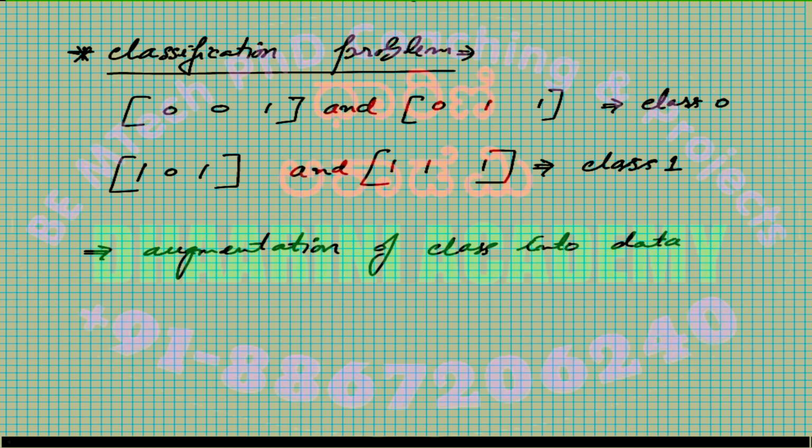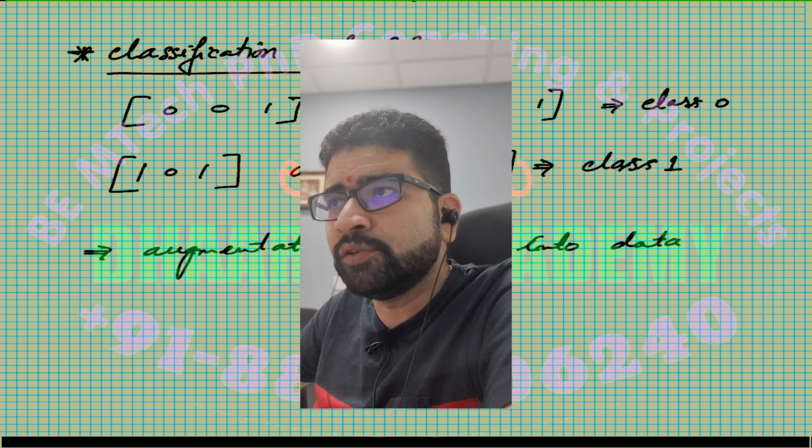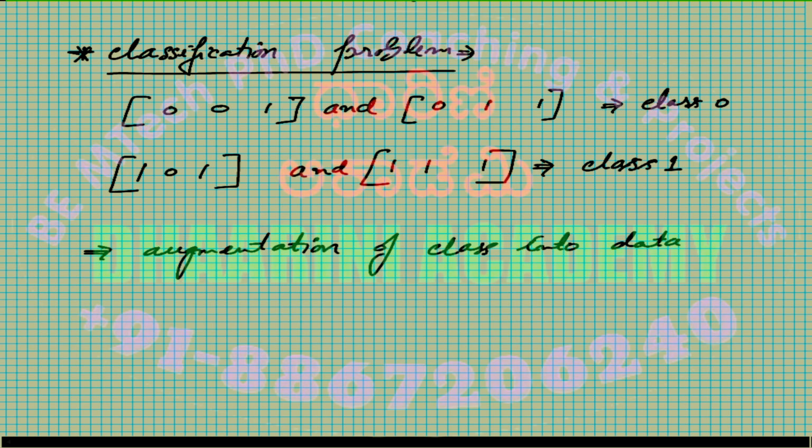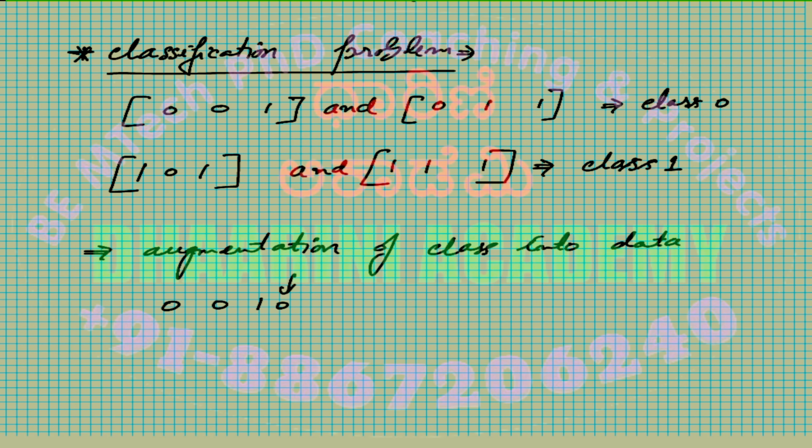This is what I prefer doing; this is one of the methods. Otherwise, you can make a complete new column or a new variable for the target. In the previous classes, the programs which we did had a variable called target or output. Now instead of doing that, I'll include the class that a data point belongs to into the data set itself like this. So the first data will be something like 0010, because the last 0 I have added now because it belongs to class 0.